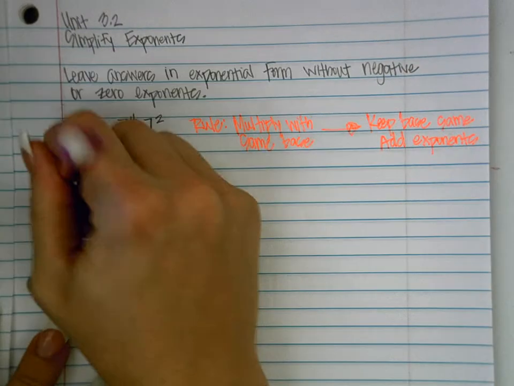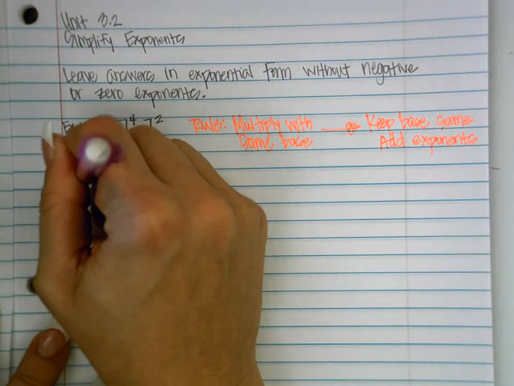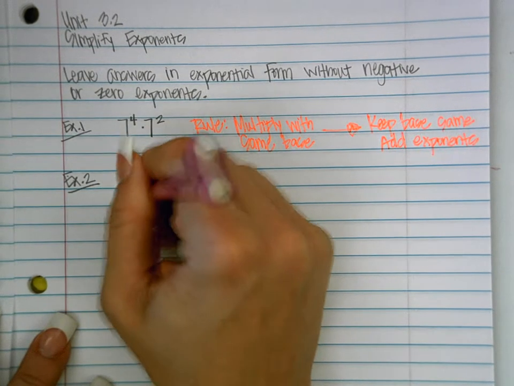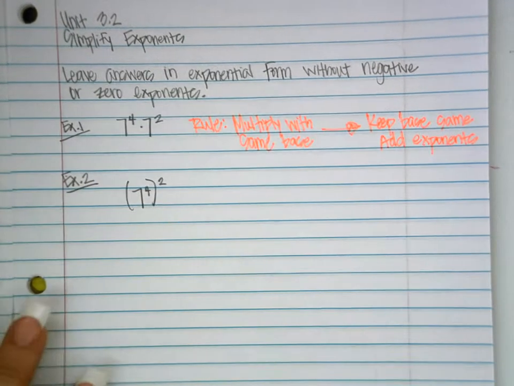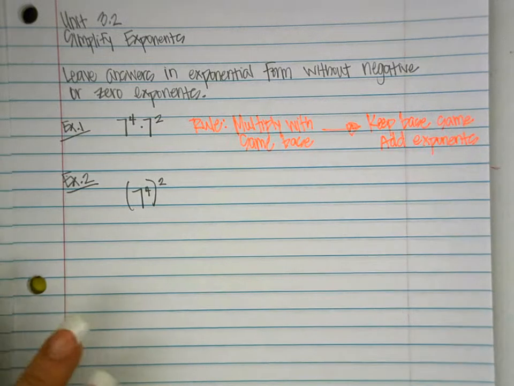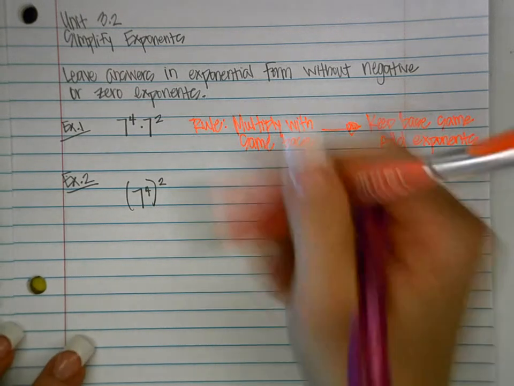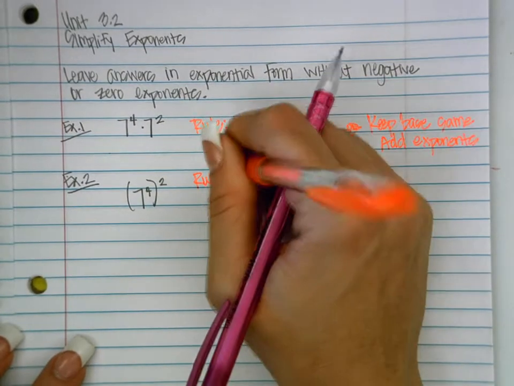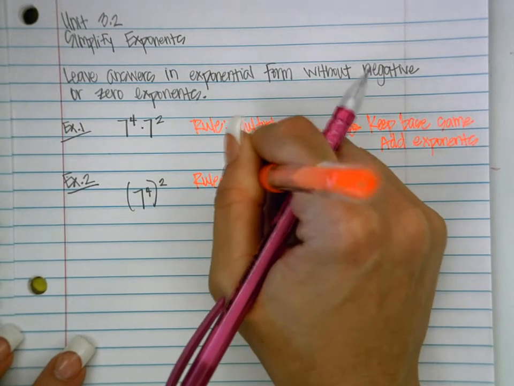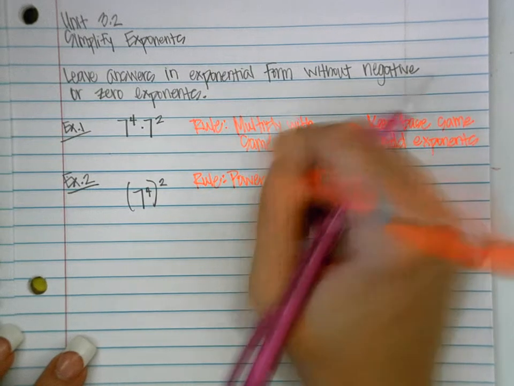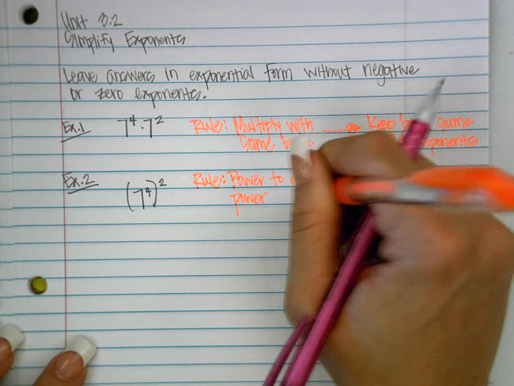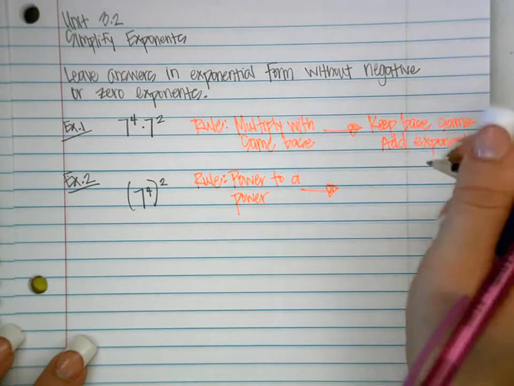Now, that's a little bit different than if I give you something like this. For number 2, if I ask you to do 7 to the 4th raised to the 2nd power. The rule that you need to remember here, if it's power to a power, anyone know what happens to the base?